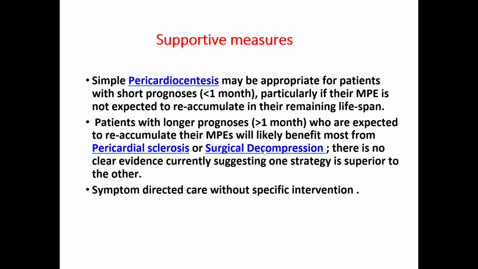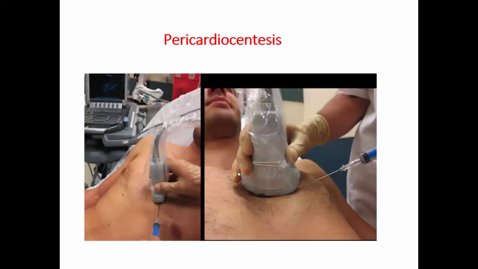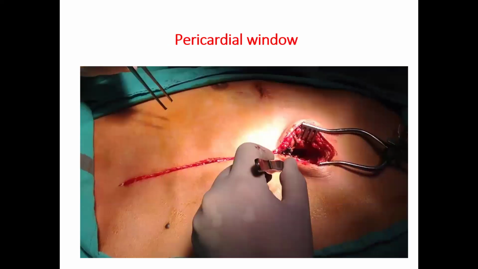Otherwise, you can do surgical decompression, what we call a pericardial window. And sometimes you choose not to do anything. If the patient is just in his last hours, there's no point to stick him with a needle or do anything else. Okay, this is pericardiocentesis done under echo, and this is a pericardial window.